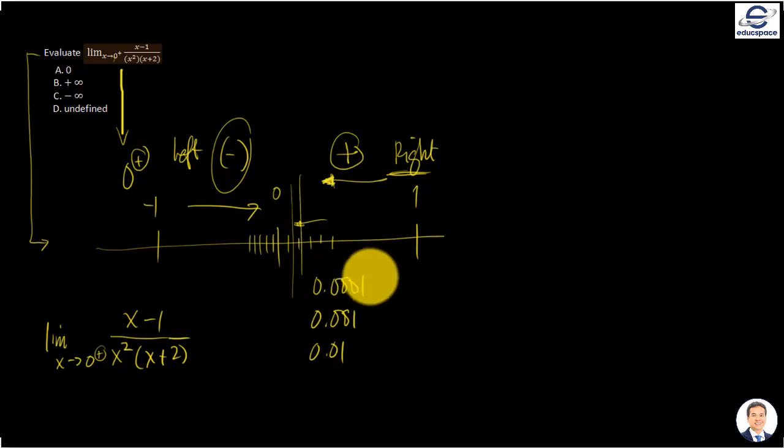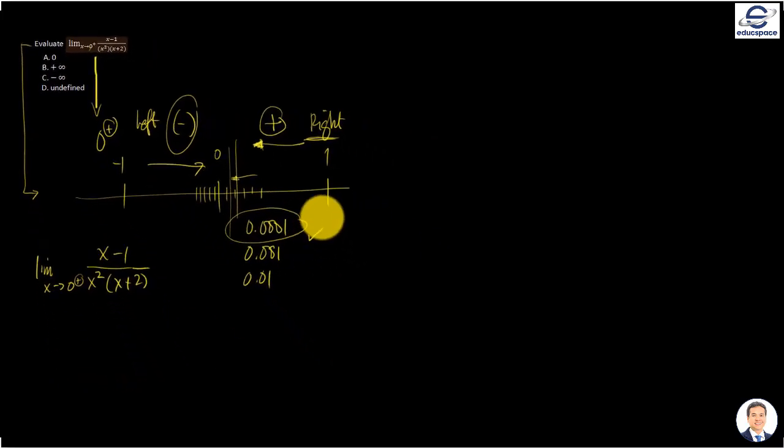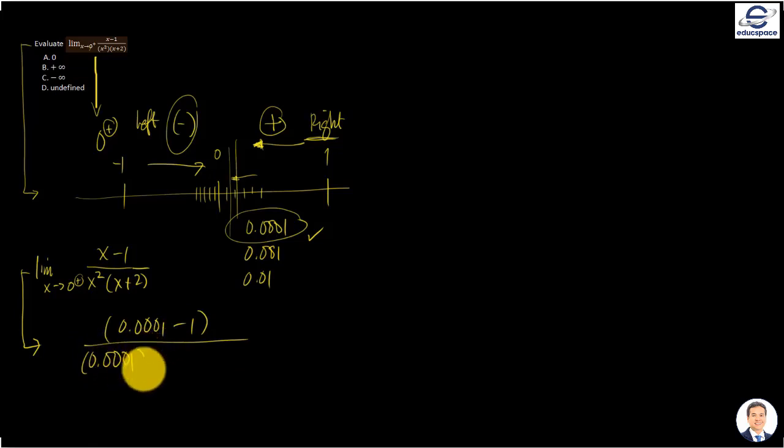It means we can assume this value and plug the number into the equation: 0.0001 minus 1, over 0.0001 squared multiplied by 0.0001 plus 2.